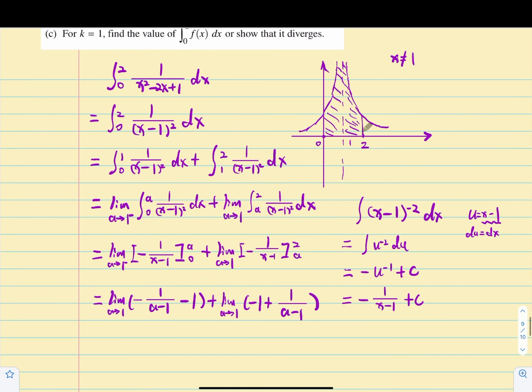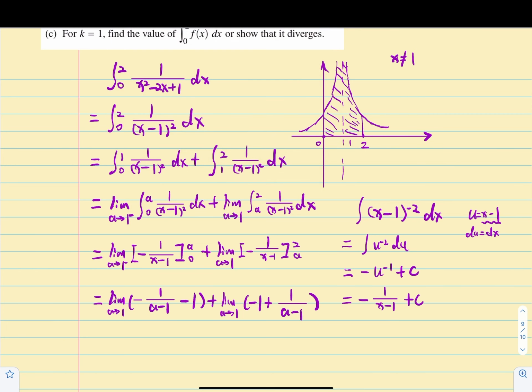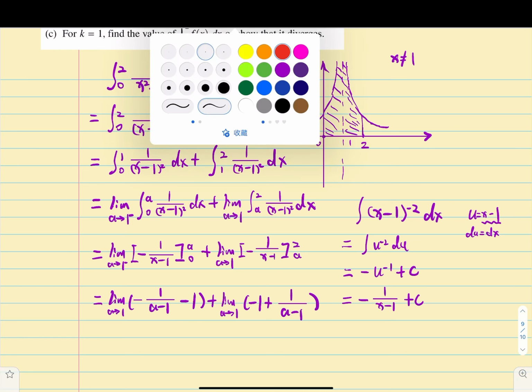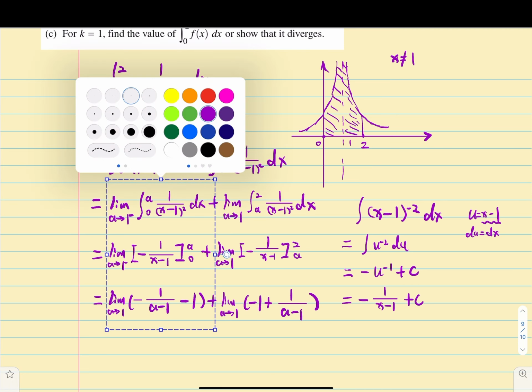And because this part is from this side and that side, let me change a color for the left part and the right part. Okay, I think it will work. So I will give a green.